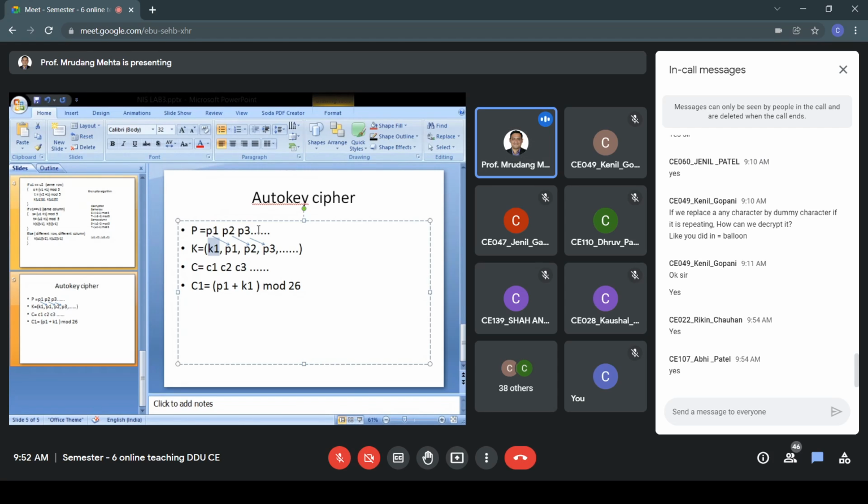Suppose some plain text values are 12, 14, 17, 22. Let's say we have taken K1 equal to 8. So the next key values will be 12, 14, 17, 22, like this. You can see here, P1 is the next key for P2.